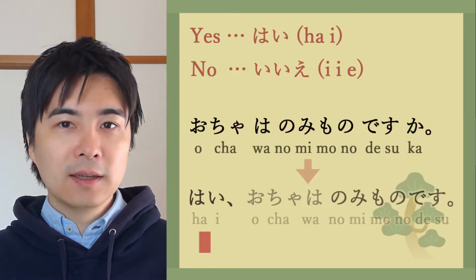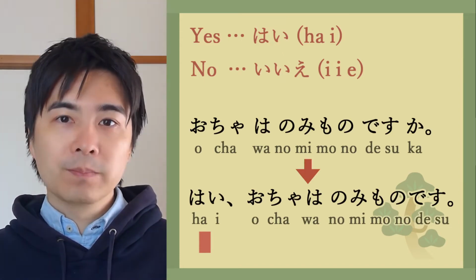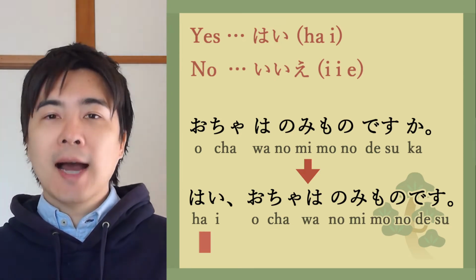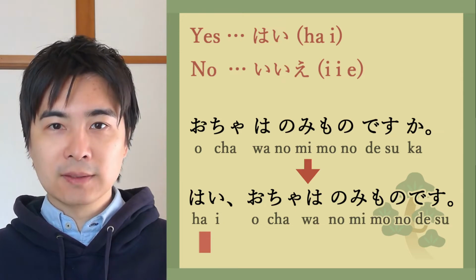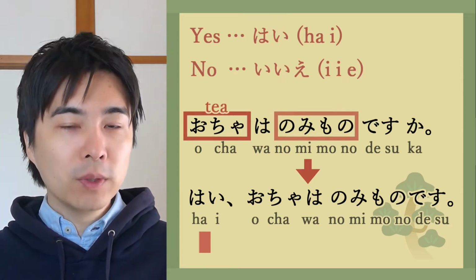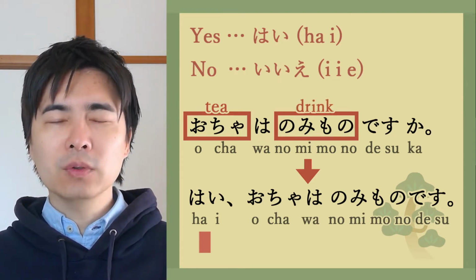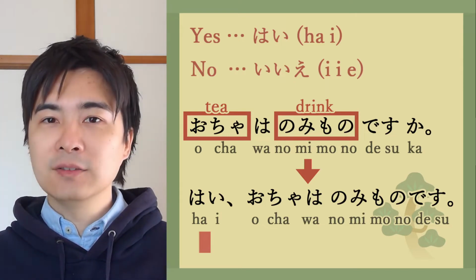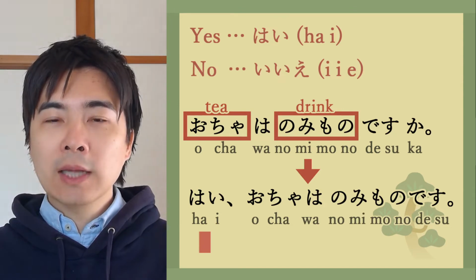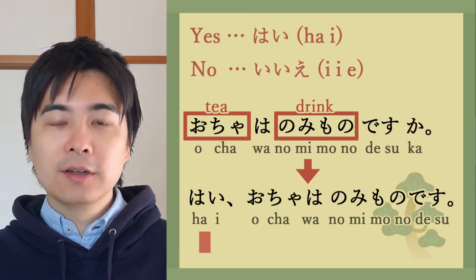You can answer, はい、お茶は飲み物です。お茶 means tea and 飲み物 means drink. So, お茶は飲み物ですか means, is tea a drink? And, はい、お茶は飲み物です means, yes, tea is a drink.